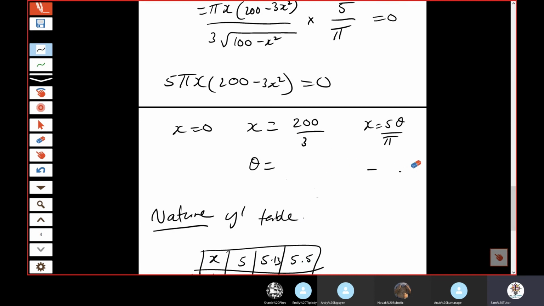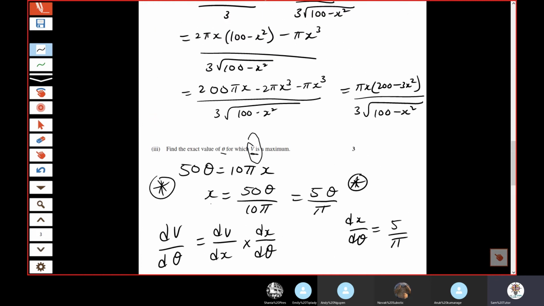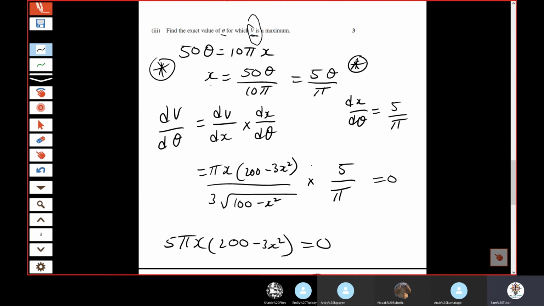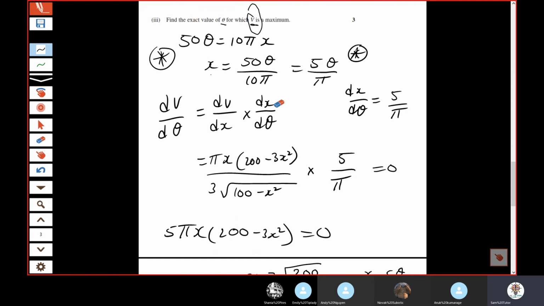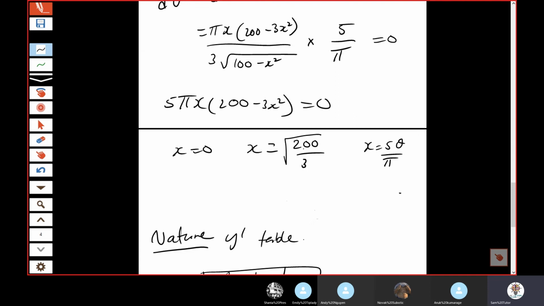You don't need to find it like that, which means even initially, I could have just made dv on dx equal to 0. So you could have made this component here equal to 0, which is exactly the same as what we've got here, except I've got the times 5 on pi, which doesn't make a big difference in terms of your math. So you'll still end up with the same result. X is this.